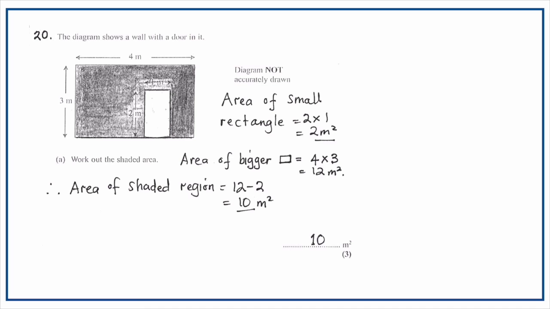The area of the big rectangle, 4 times 3, equals 12 meters squared. Therefore, the area of the shaded region equals 12 minus 2, which equals 10 meters squared. So the shaded area equals 10 meters squared.